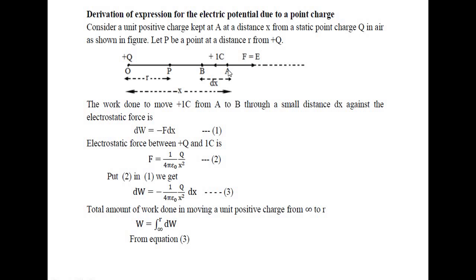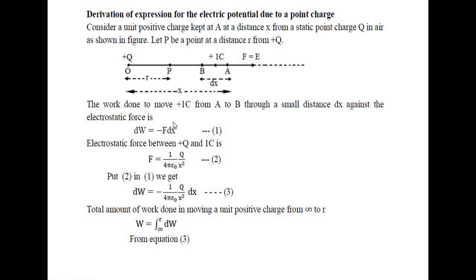The direction in which the charge is brought is from A to B, that is opposite. That is why the work done is force into displacement, and the negative symbol is for the work done in the direction opposite to the direction of the force. The work done is the product of force and displacement.